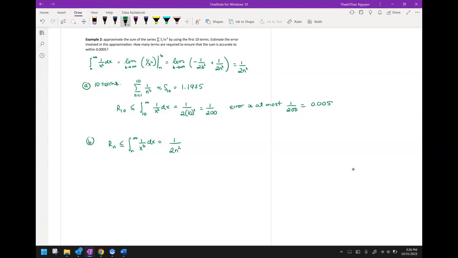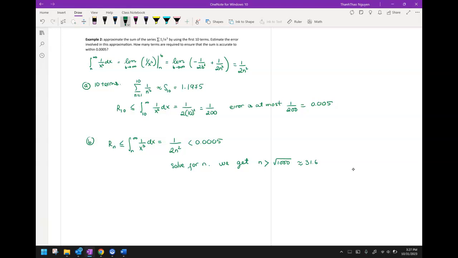And if we want this to be less than 0.0005, I can solve for n in this case. And we get n is greater than the square root of 1000. That is about 31.6. Okay.